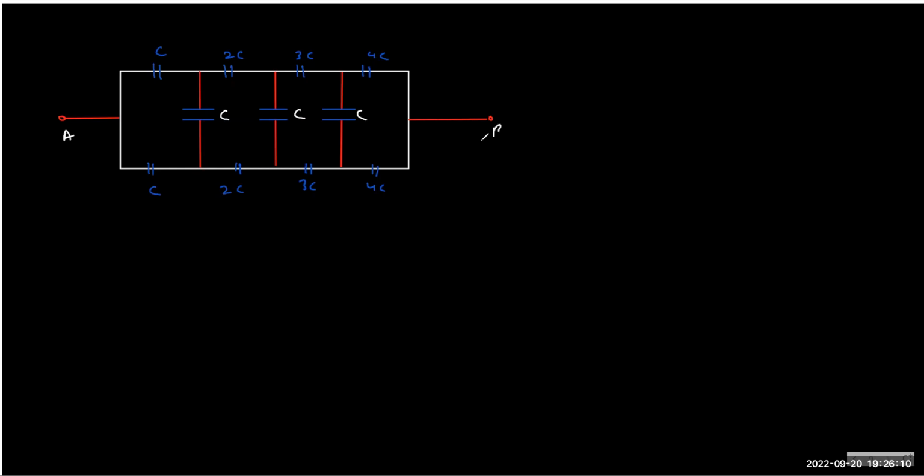It will not look like a Wheatstone bridge, but if you look carefully, the ratio is maintained as you progress forward. So C, then 2C, then 3C. Therefore, all of the middle branch we can throw out. So we can throw out all of these.